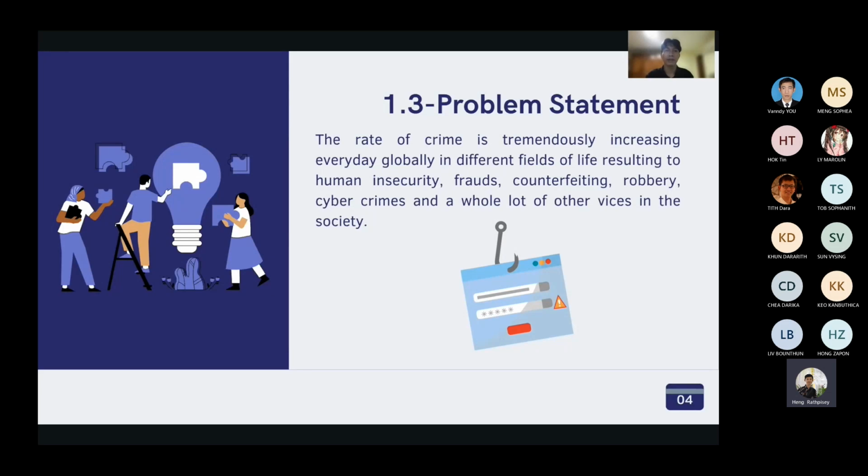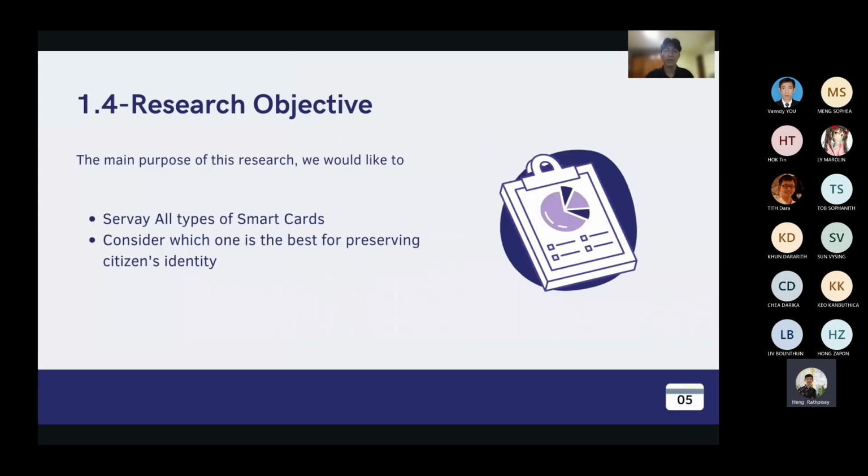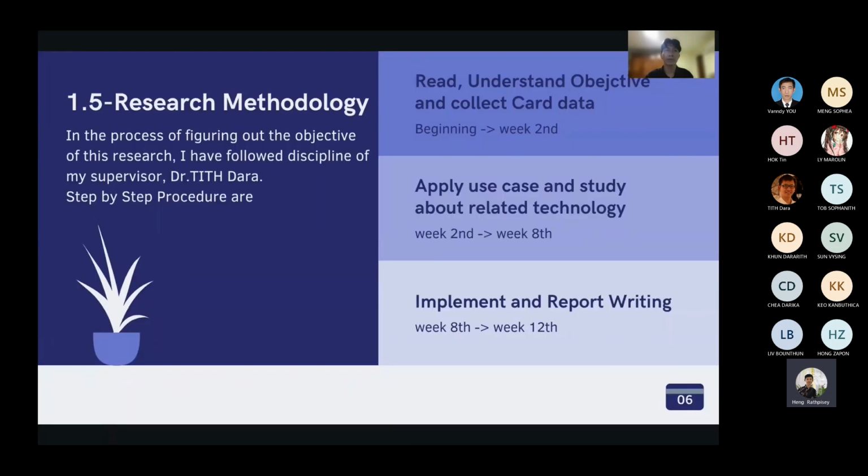That's why we create a smart card. For the research objective, the main purpose of the research, we would like to survey all types of smart card and consider which one is the best for preserving citizen identity.